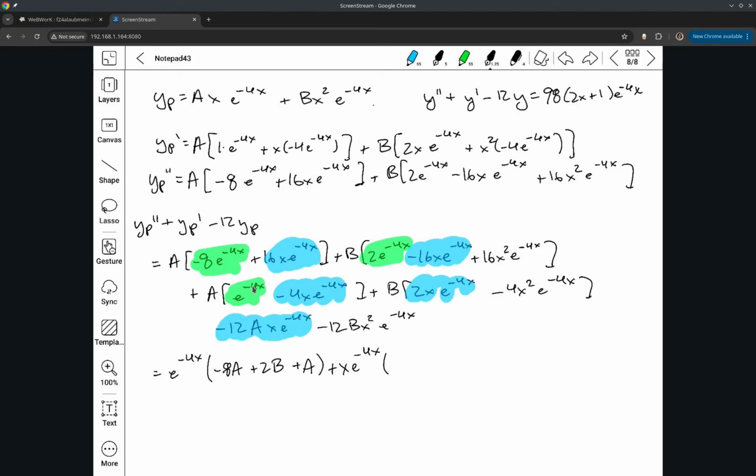So I've got 16a minus 16b minus 4a plus 2b minus 12a. Okay, and I can see that that's going to simplify nicely for us, but I'm going to wait until the next line to do it because I don't want to forget to do my x squareds.